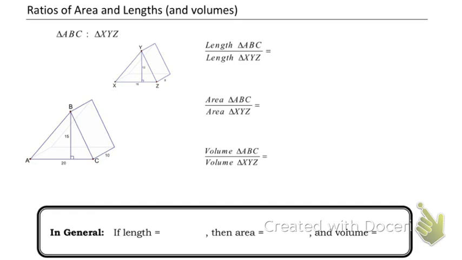That wouldn't make sense because that's not the ratios. Remember when we worked with ratios? If I'm looking at the base of one triangle, I need to compare it to the base of the other triangle. So let's go ahead and use the bases of the triangles to come up with our ratio. So let's do the base of ABC. That is 20. So the length of ABC, our base, is 20.